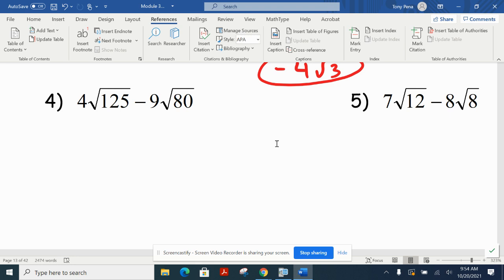Second, is there another perfect square that involves 20?